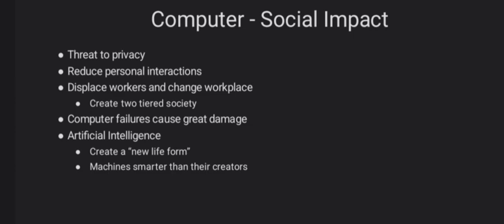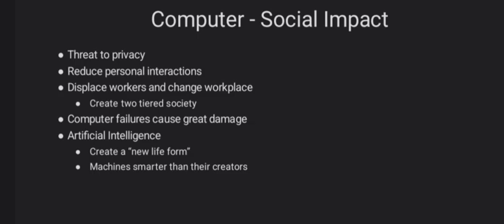You can lose your personal data, etc. It reduces personal interaction, displaces workers and changes the workplace. Computer failures can cause great damage. In case you have important work done and you have not saved anything, or anything happens to the computer and you have not taken a backup, it is a damage.